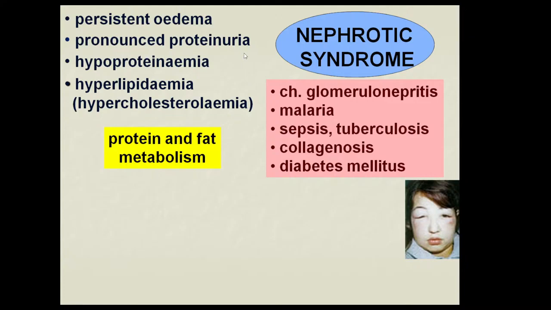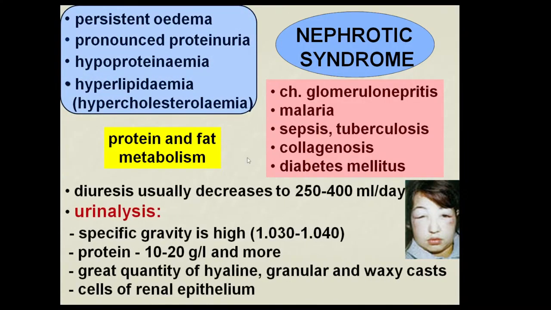And if you reveal hypoproteinemia, first of all hypoalbuminemia, hypercholesterolemia, and the analysis of urine is characterized with proteinuria, with high specific gravity and urine rich with casts, it indicates nephrotic syndrome. Usually it is characterized with progressively decreased diuresis and accompanied renal failure.